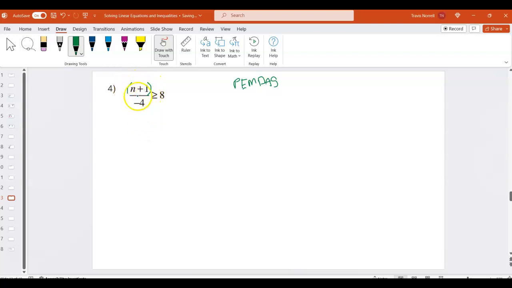So I've got parentheses and then divided by negative 4. So notice parentheses are actually going to come last. I'm going to deal with what's being divided first, which means I'm going to have to multiply by the same exact thing. So the opposite of dividing by negative 4 would be to multiply both sides by negative 4.